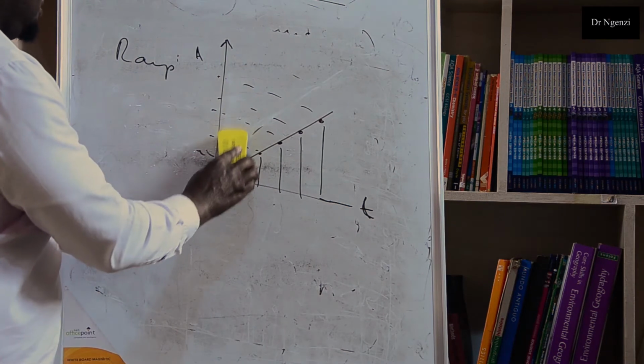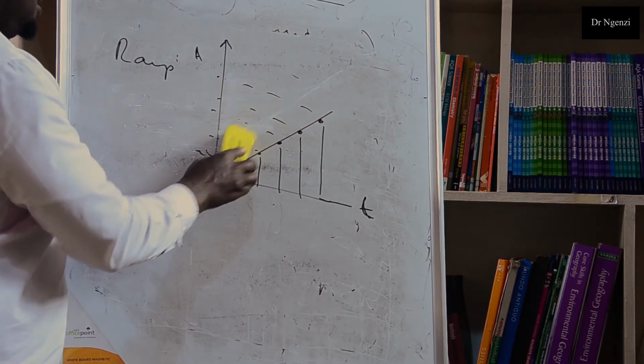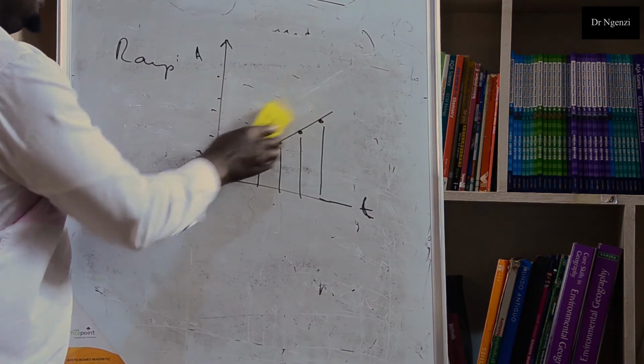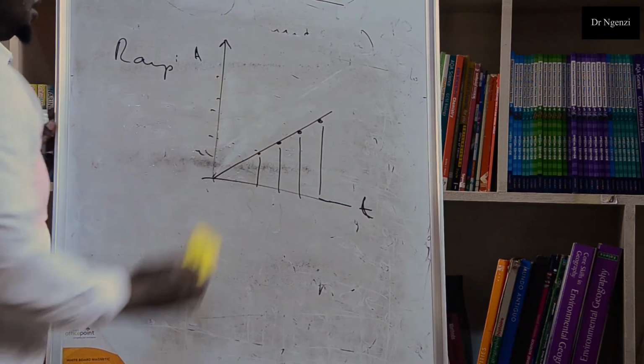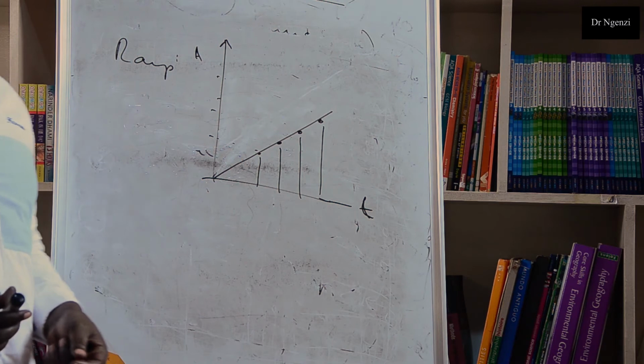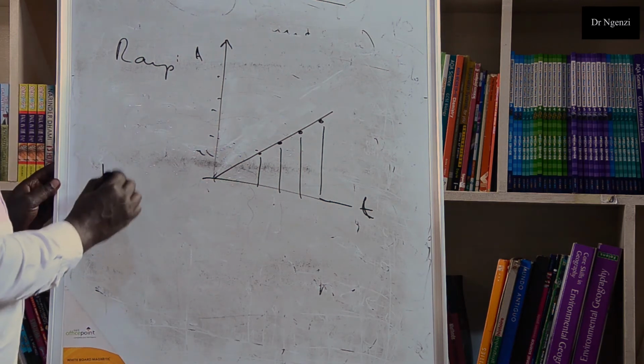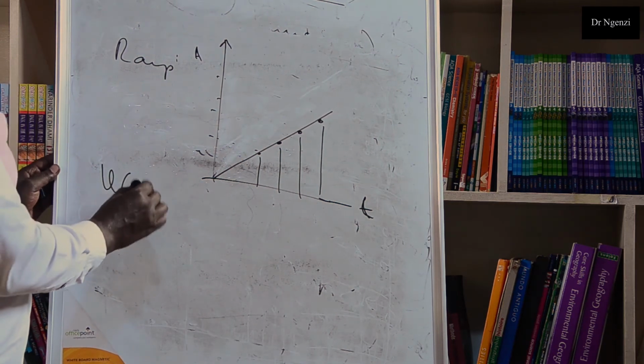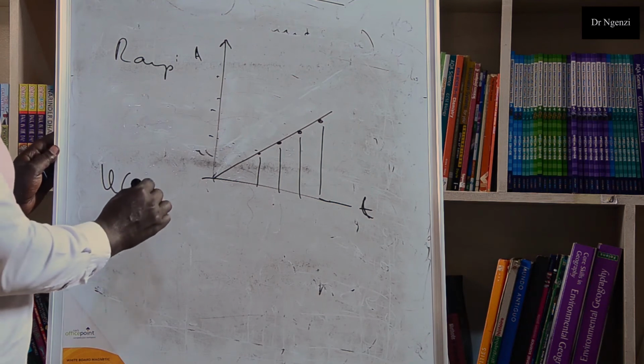So it can be moved this way. This is what we call a ramp signal, a presentation of discrete values, and this ramp signal can be presented by n.